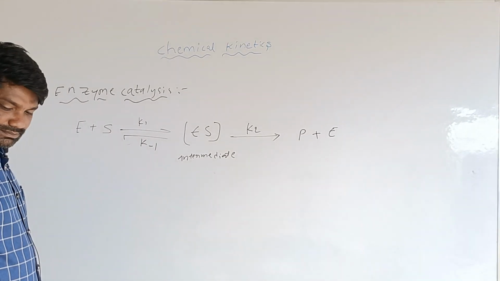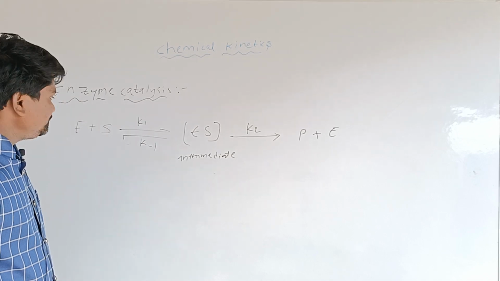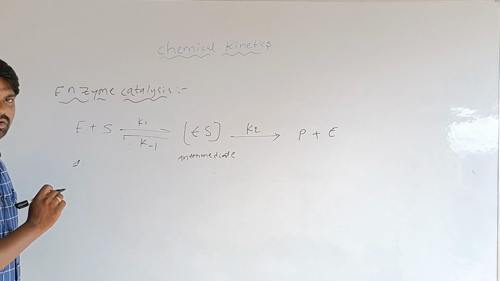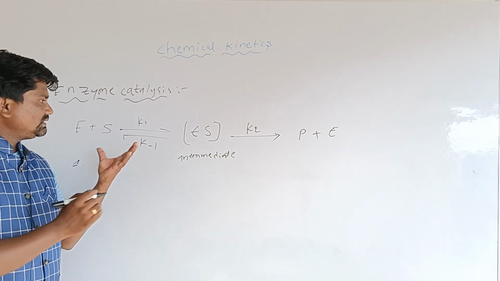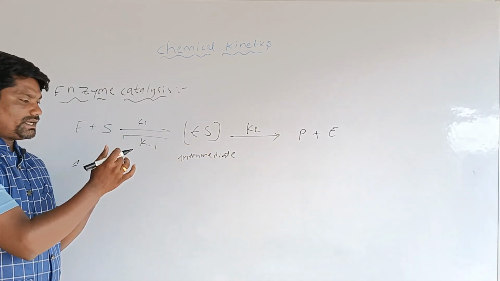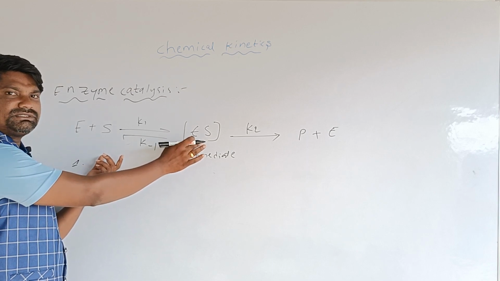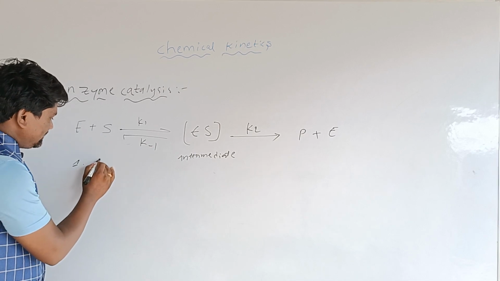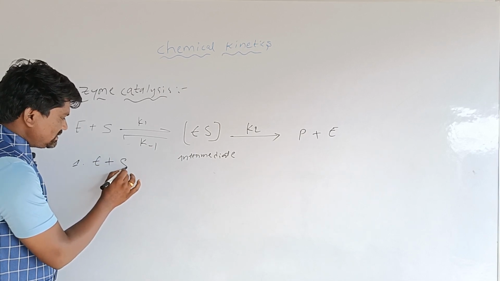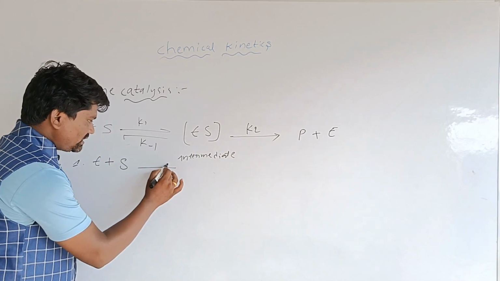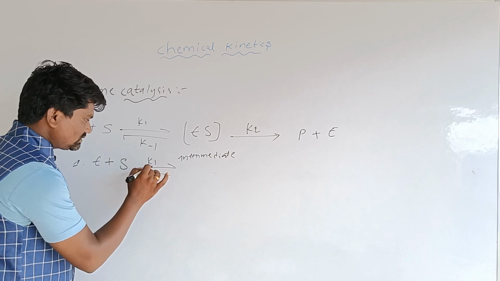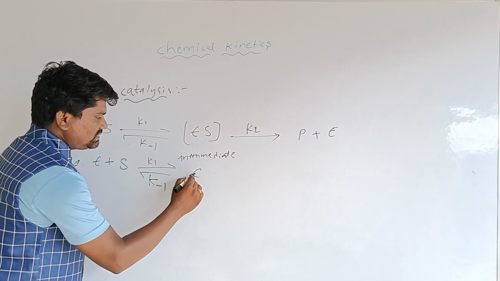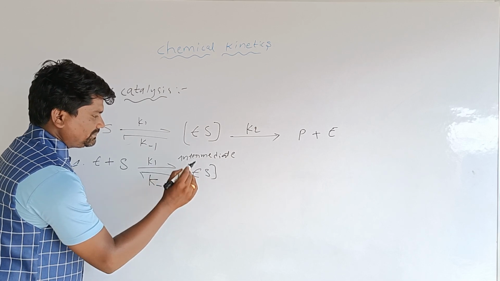In the two-step mechanism, what is the first step? The first step is the formation of the enzyme substrate complex, which is nothing but the formation of intermediate: enzyme plus substrate gives enzyme substrate complex.